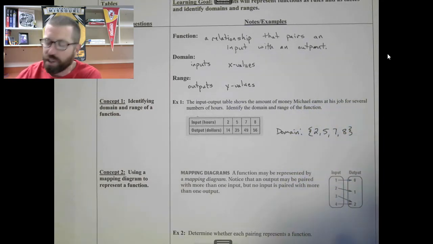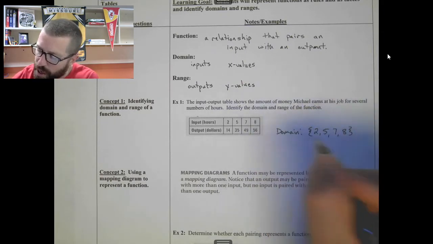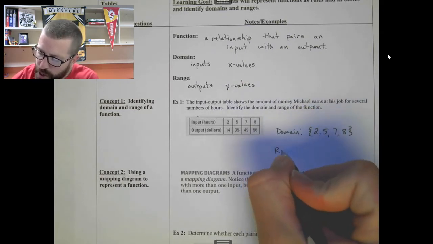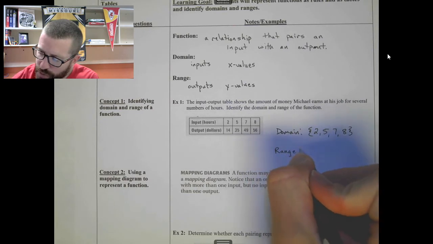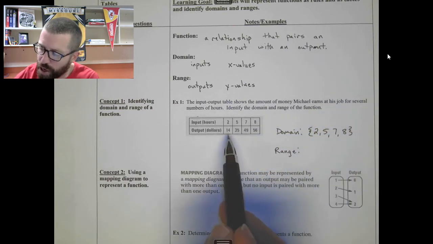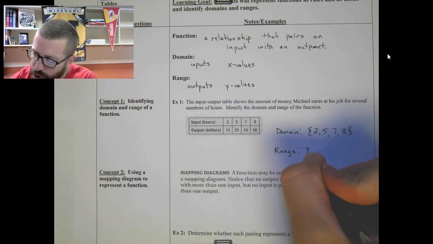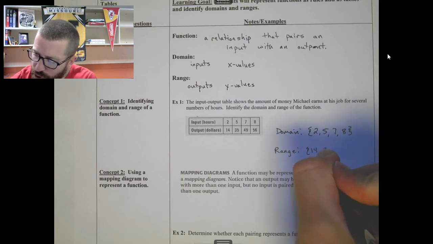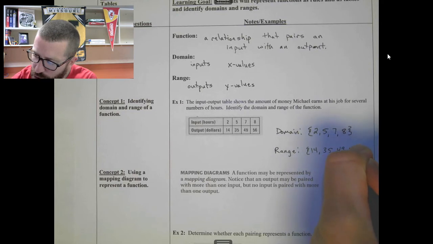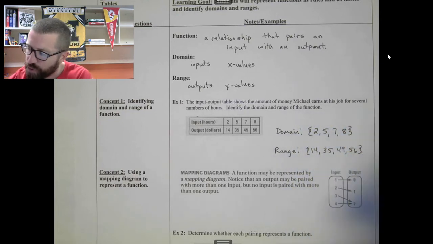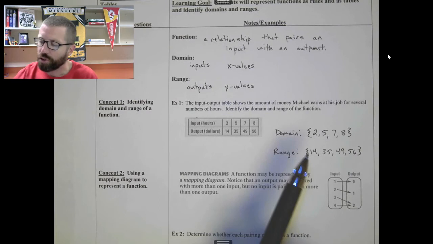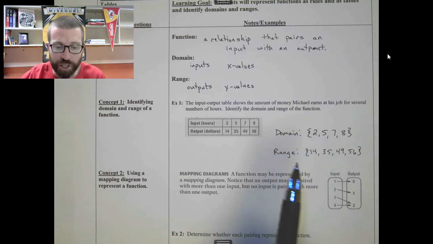That's a good notation. If you don't at this point, it's not too bad, but I would try to put them there. And then the range is the output, so it's the dollars he makes. He makes $14, $35, $49, and $56. So this is the domain and range of this particular function.